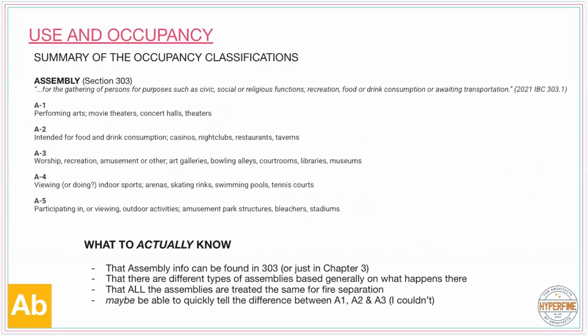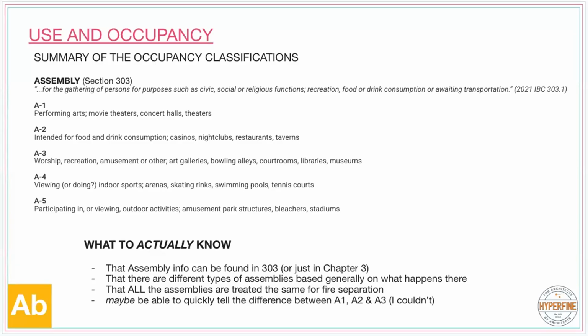A2 is food and drink, so restaurants, nightclubs, bars, taverns. A3 is churches and synagogues, art galleries, bowling alleys, courtrooms, libraries, museums. A4 says in the code for viewing. I don't know if that also includes the doing of indoor sports, arenas, skating rinks, swimming pools. And then A5 is participating in or viewing outdoor activities, amusement park structures, bleachers, stadiums, right?